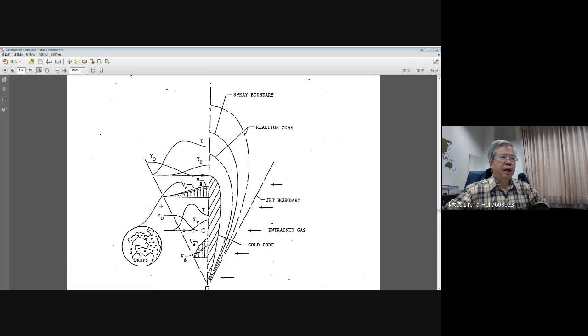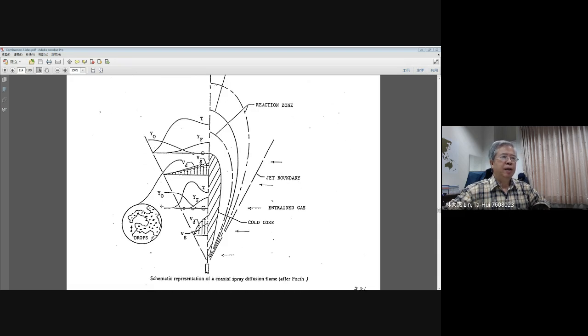And the left-hand side gives you some understanding of the interaction between the liquid droplet and the gas phase, the gas medium. Initially, when you look at the upstream side here, there are figures representing the differences between droplet velocity and gas velocity. Near the injection port, the droplet has a larger velocity compared with the gas velocity.